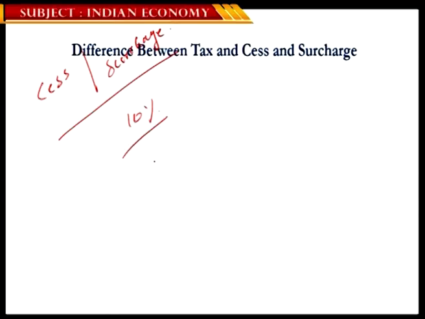Now imagine your income comes under an income tax bracket of 30%. That means you report more than 10 lakh rupees of annual income. And at the same time, there is an education cess of 3%.